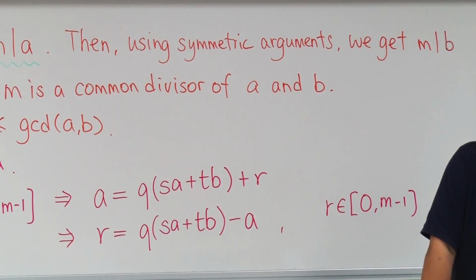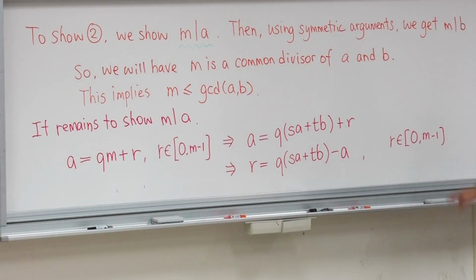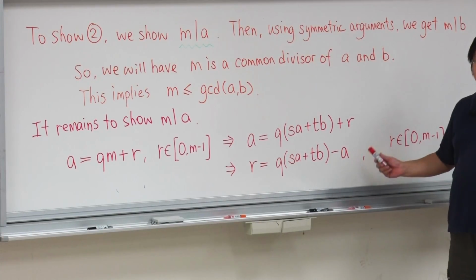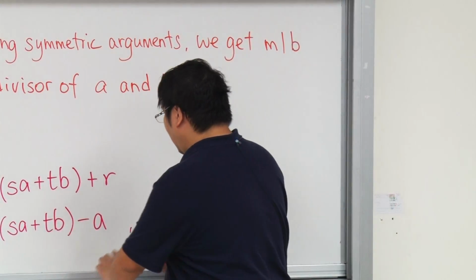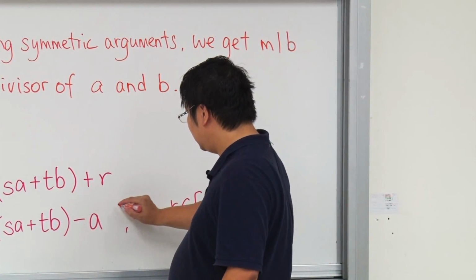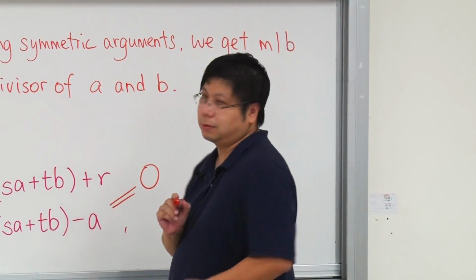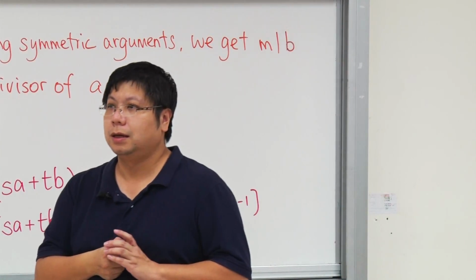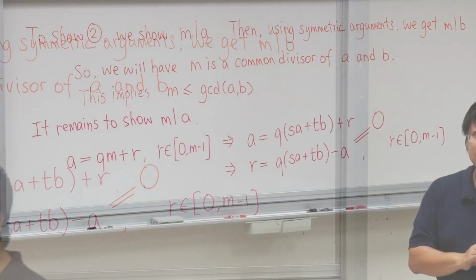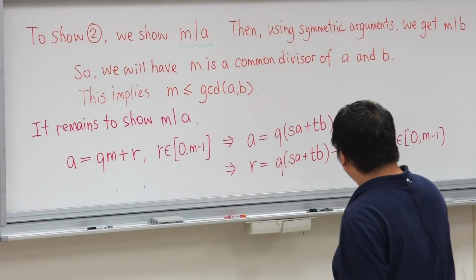Now, so far, it doesn't make any sense of what we are doing. But then, we are claiming that R has to be equal to 0. If R is not 0, then what is R?